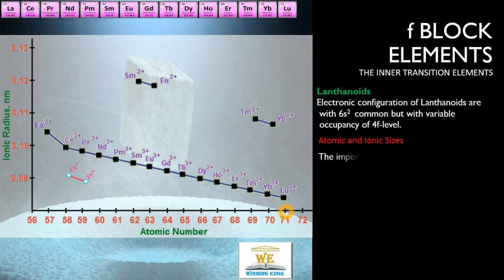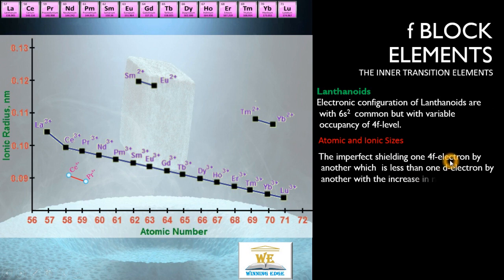The reason is imperfect shielding of 4f electrons, which is further lower than the d electrons. So the effective nuclear charge experienced by the valence electrons or outermost electrons in lanthanoids is greater than experienced by d block elements.